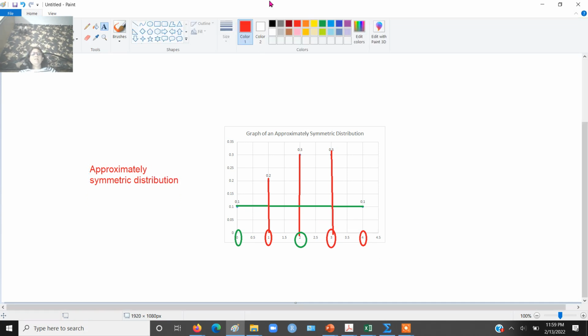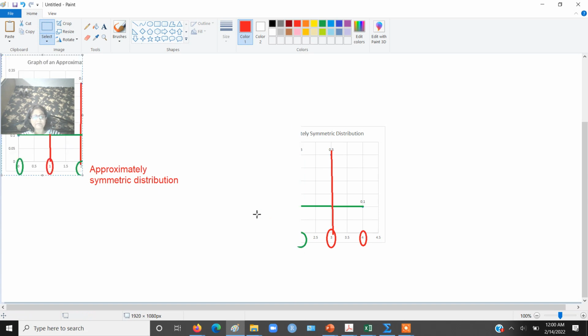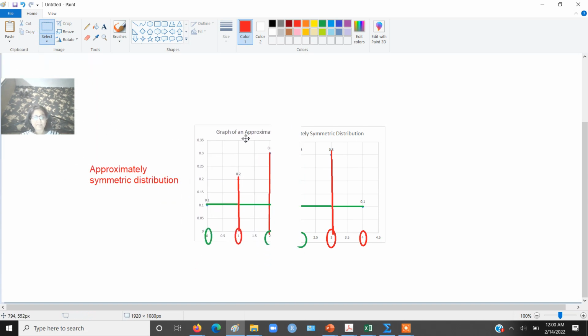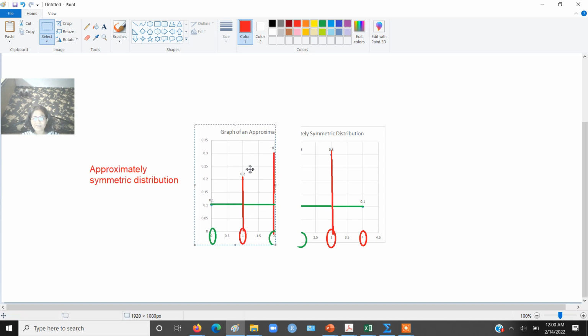Right? Okay, so if I have to explain further what is meant by a symmetric distribution, for example, if you take 1/2 of this distribution, this is the 1/2, and the other half is, you can see here. So now you can see that the other half is not exactly a mirror image of the first.